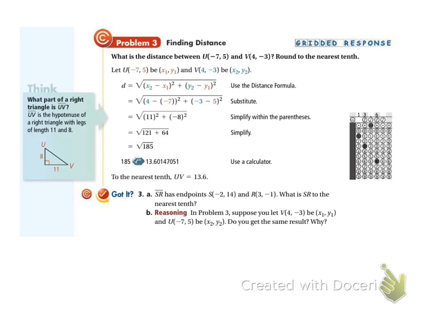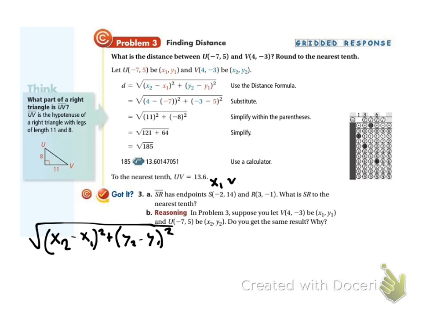So SR has endpoints -2, 14, and 3, -1. What is SR to the nearest tenth? So my formula is the square root of x2 minus x1 squared plus y2 minus y1 squared. I'm going to call this my x1 and my y1. This will be my x2 and my y2. Oh, messy, sorry.